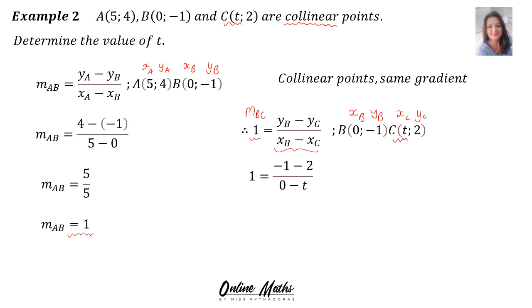And then on top here, -1 minus 2 is -3. And then we want to solve for t, but t is now under the line. So let's multiply by -t this side. It will cancel out and we multiply by -t on that side. So we end with negative t is equal to negative 3. Divide away the minus, therefore t's value is equal to 3.